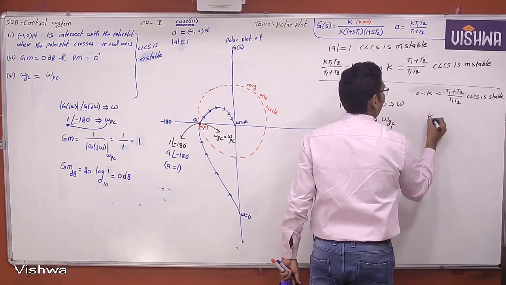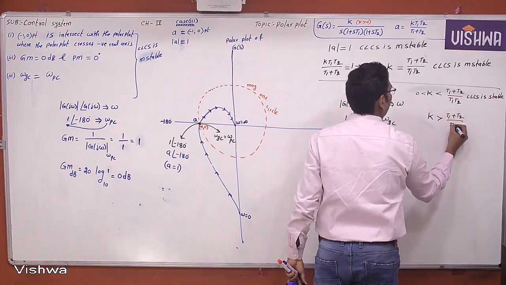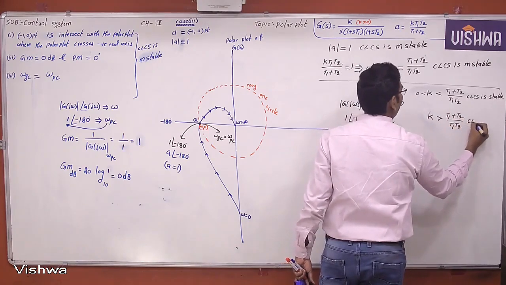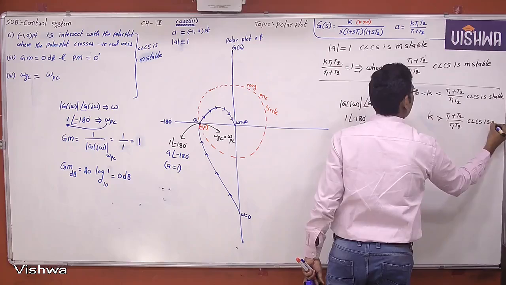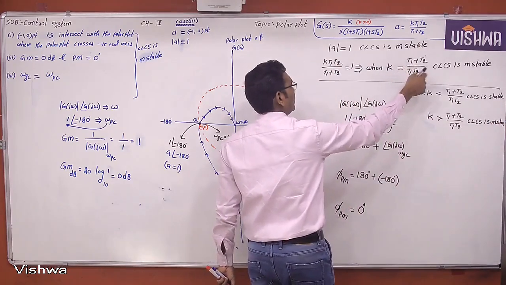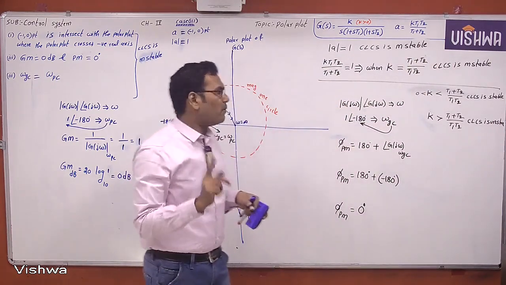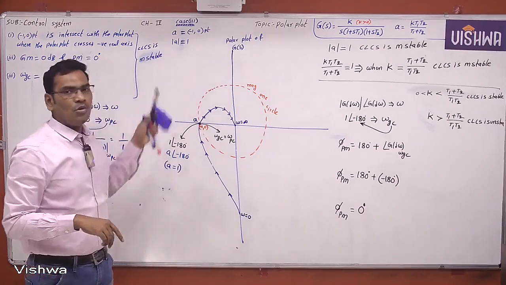When K is greater than (T1 plus T2) by T1 T2, the closed loop control system is unstable. And when K equals (T1 plus T2) by T1 T2, it is marginally stable. Okay, now these are the relations. Your problem may be case 1, case 2 or case 3. Note down.